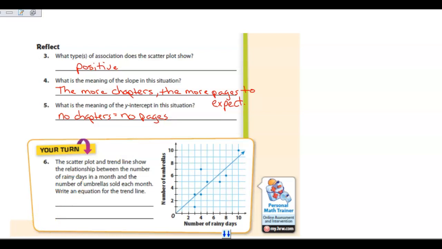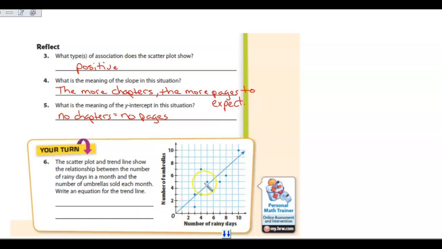All right, now let's take a look at the Your Turn, number 6. It says the scatter plot and trend lines show the relationship between the number of rainy days in a month and the number of umbrellas sold each month. And then we're going to write an equation of the trend line. So let's take a look at this data. They have the number of rainy days and then how many umbrellas were sold on those days. Okay, so as we have more rainy days, what happened to the number of umbrellas?